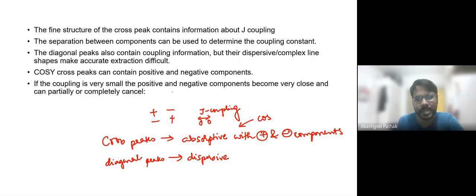So as was discussed, you will not observe cross peaks between H gamma and H alpha, because that results in four bond coupling, which is so weak that the plus minus and minus plus get cancelled. Because these cross peaks contain both positive and negative components, they can cancel each other.